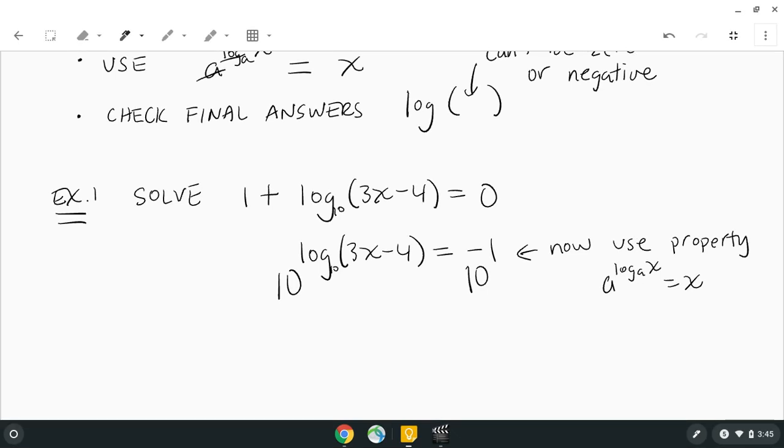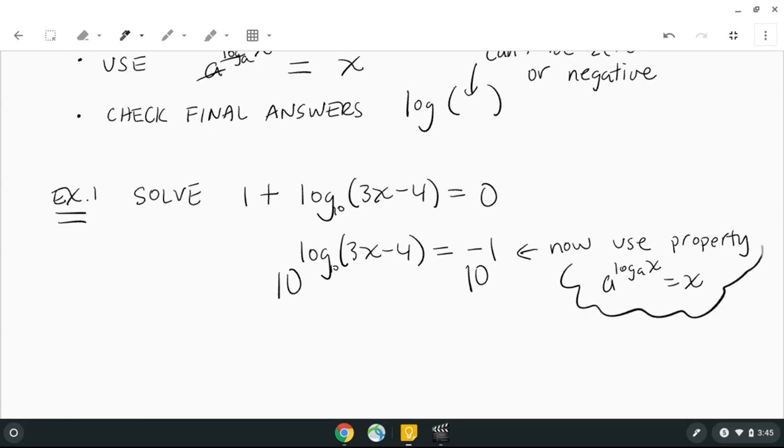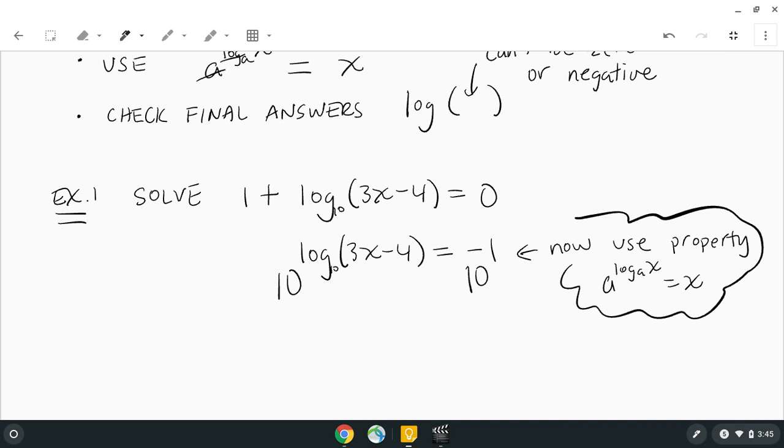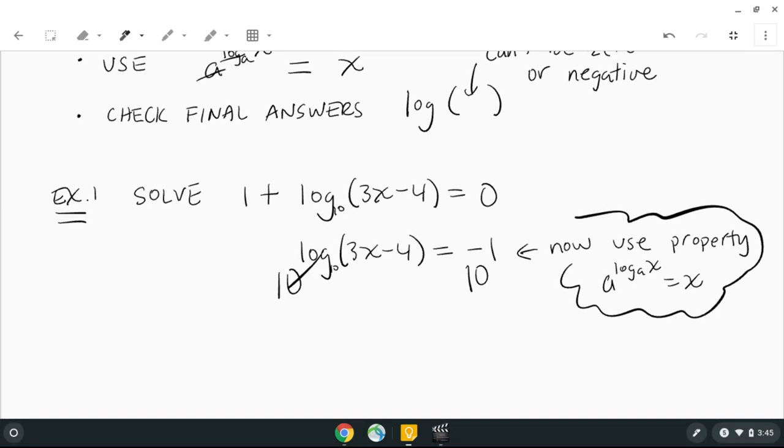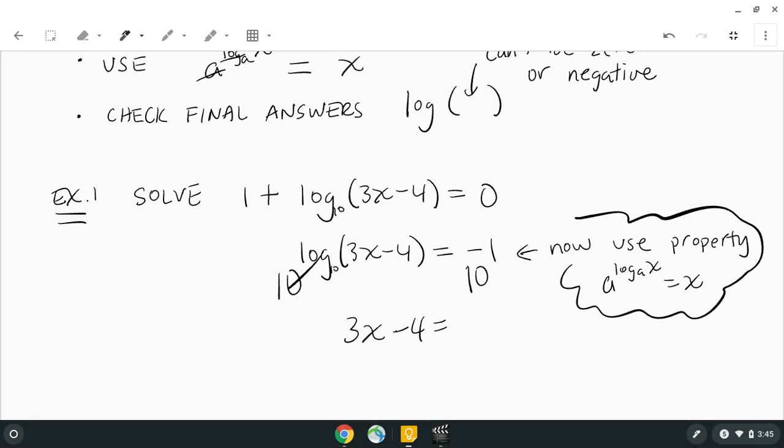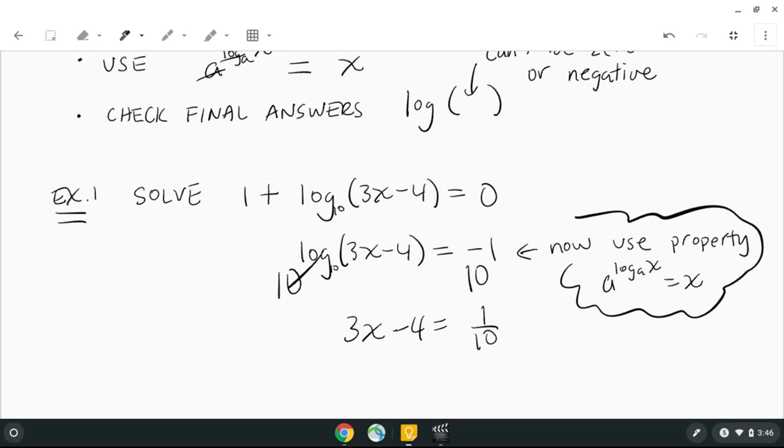We know from this property that on the left side they cancel out. It's not that they're canceling out, it's that we're applying that property. And it equals 10 to the negative 1 power, which takes the reciprocal.